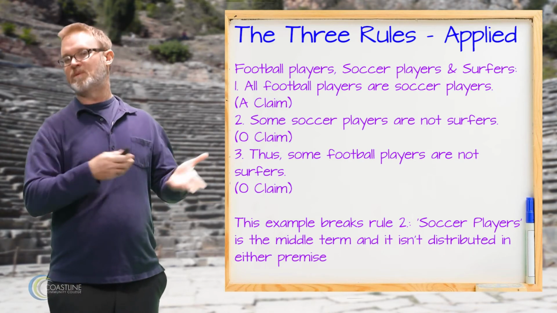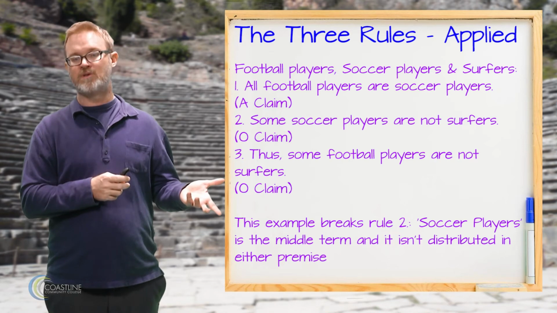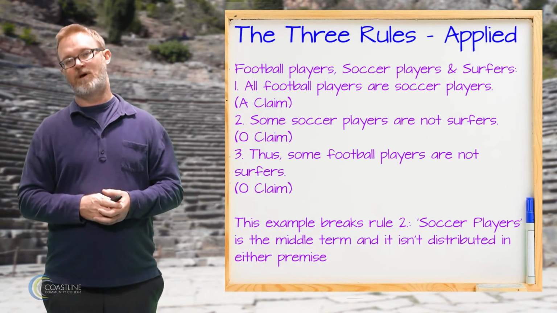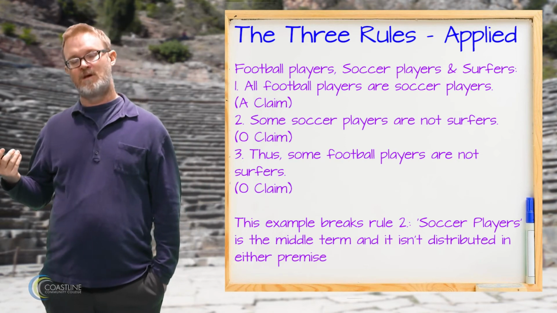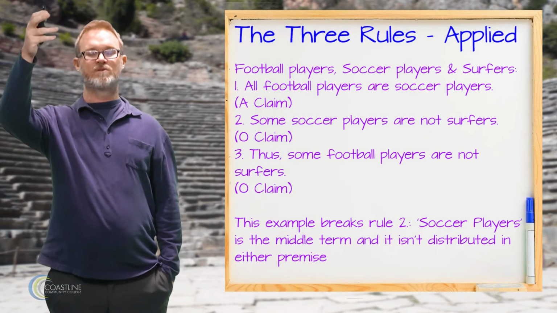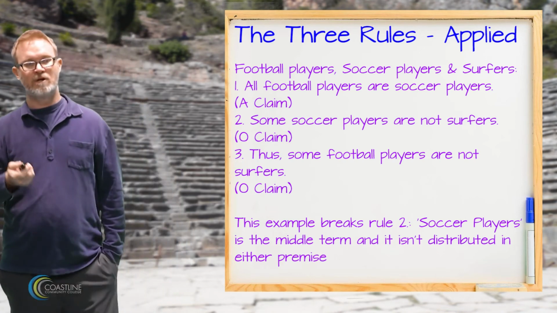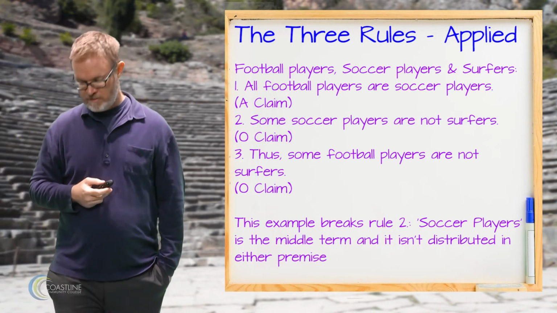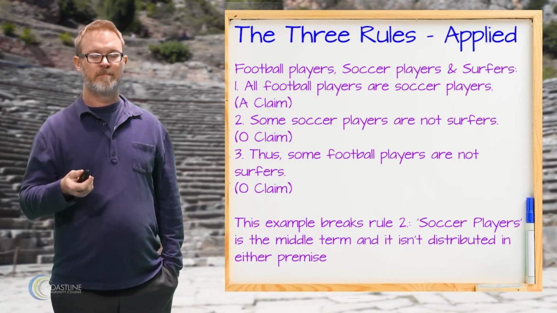But let's just, to learn the rules, think about applying the third rule to the argument to see if it passes that or not, right? So the third rule says that if a term is distributed in the conclusion, it must also be distributed in the premises. Now, you could look here at the conclusion of this argument, which is an O claim. An O claim distributes its predicate term, which is surfers.